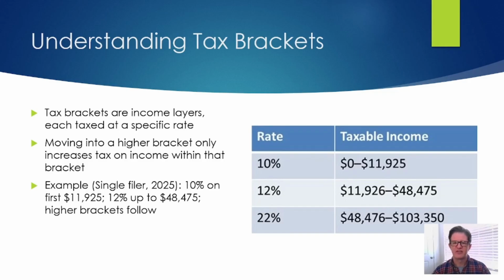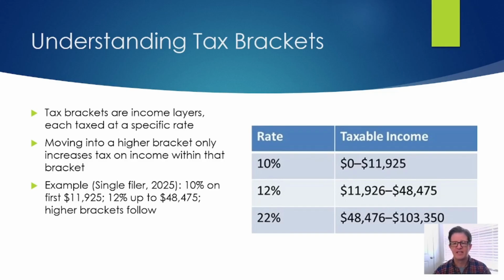If you're a single filer in 2025, you pay a tax rate of 10% on taxable income between 0 and $11,925. Once you've made $11,925, from $11,926 to $48,475, you pay a tax rate of 12%.